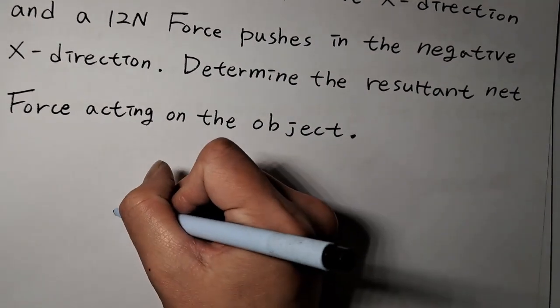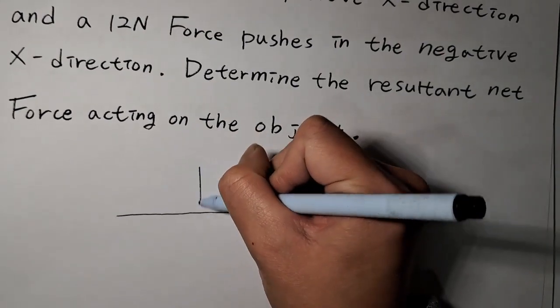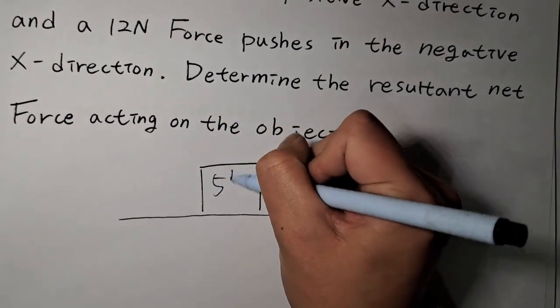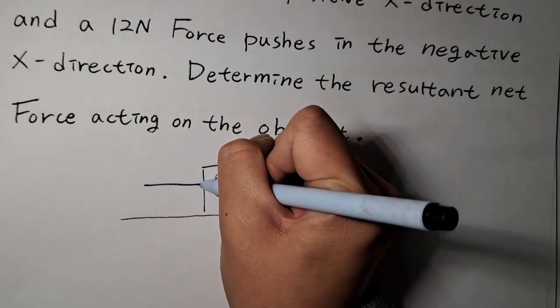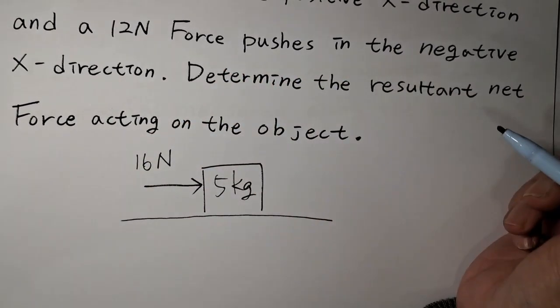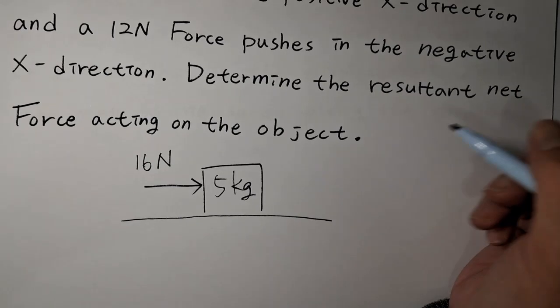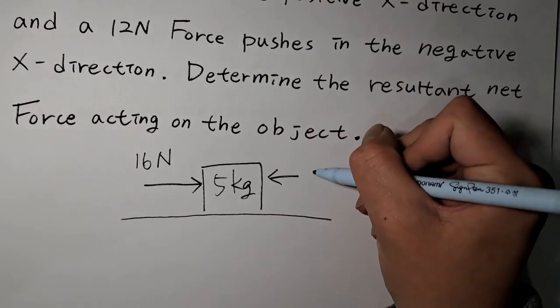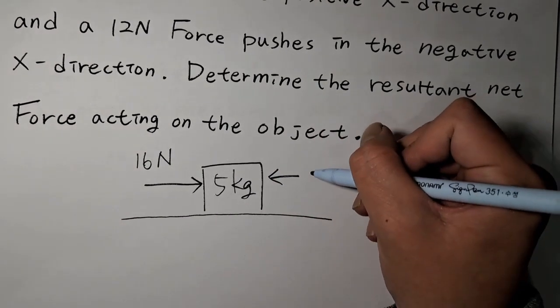So there are two forces on a 5 kilogram mass, and one of them is 16 Newton, and this is to the plus x direction.